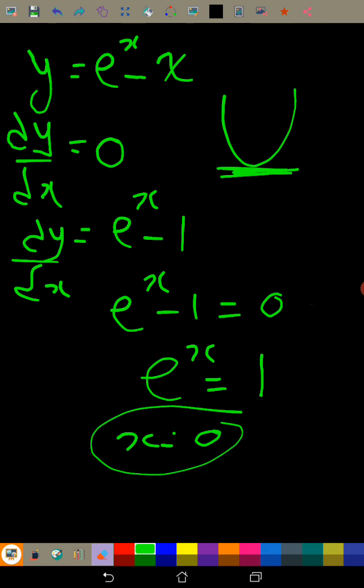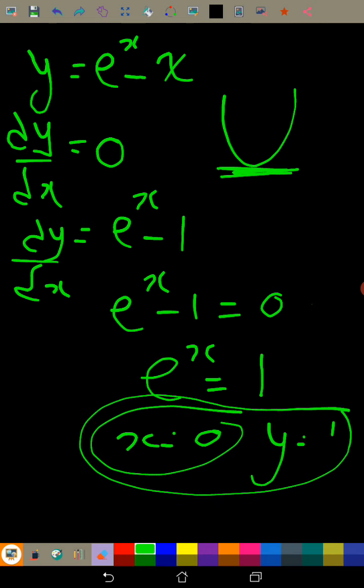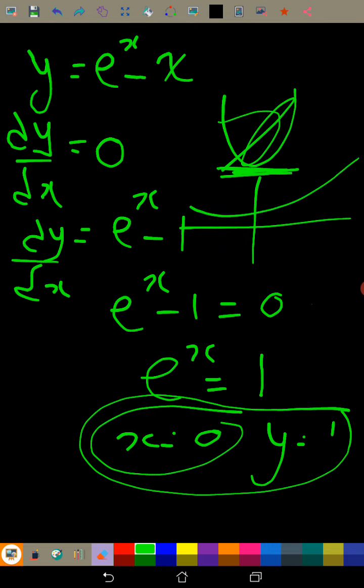And there was a question: find the coordinates of the minimum point of the curve with equation. So if x is 0, y is equal to 1. Yeah, we already knew this, 0, 1.